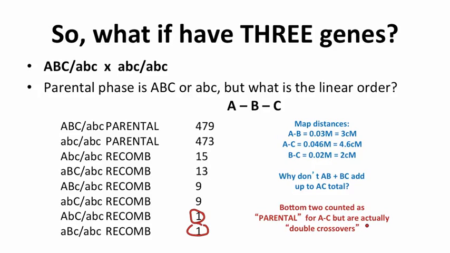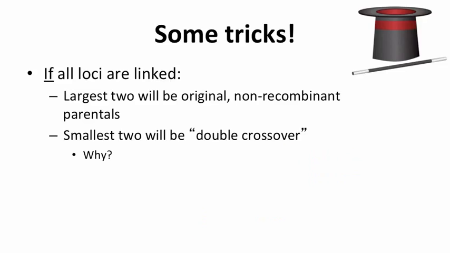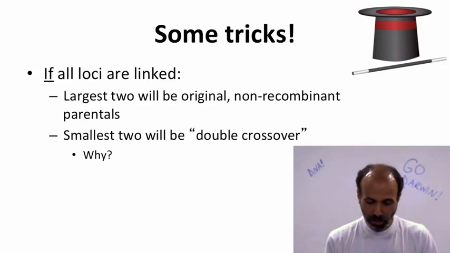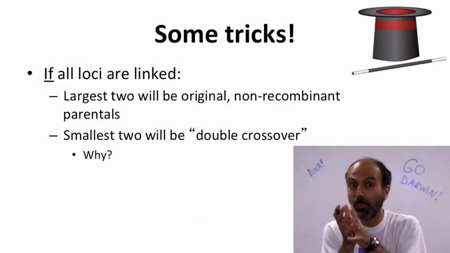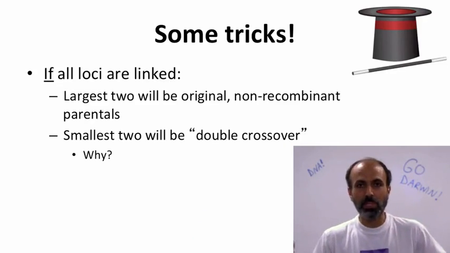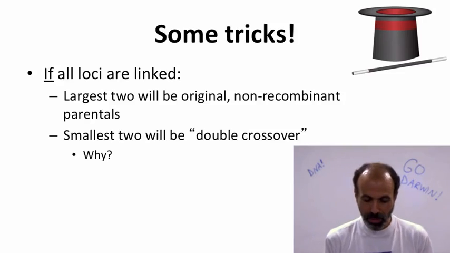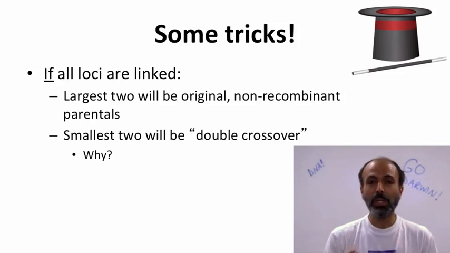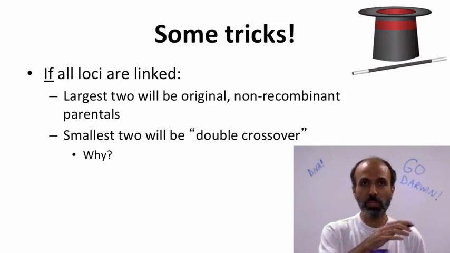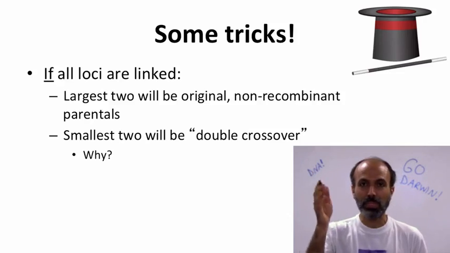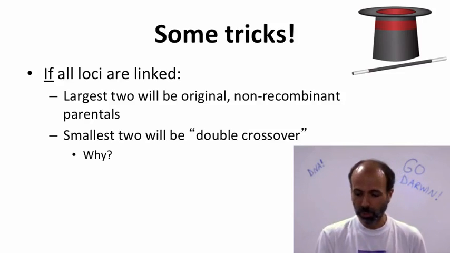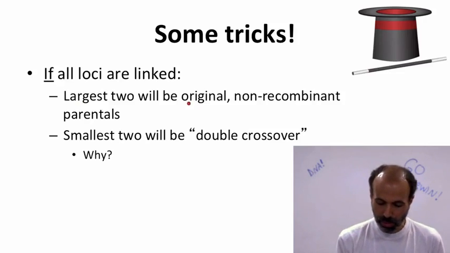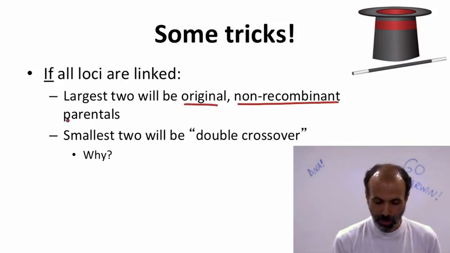When you're trying to figure out the linear order of genes, there are a few tricks you can use. First, if all the loci are linked at some level, and I don't mean completely linked, but that they're on, for example, the same chromosome and reasonably close together, the largest two, the combinations which are the most abundant, like what we saw last time with capital A, capital B, capital C, lowercase a, lowercase b, lowercase c, those will always be the original non-recombinant parentals.